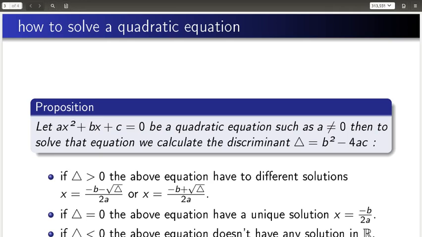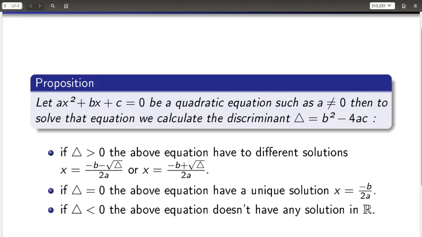After that, we have three separate cases. If delta is strictly positive, otherwise said strictly greater than 0, then the above equation has exactly two different solutions.